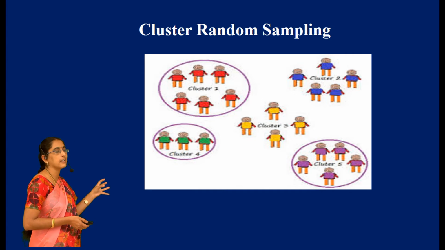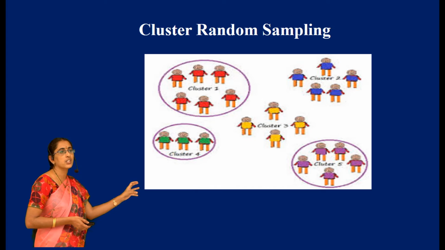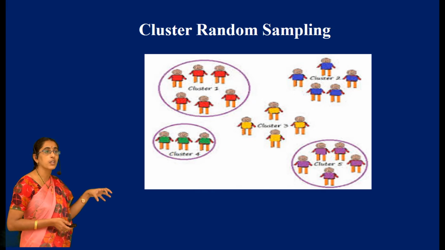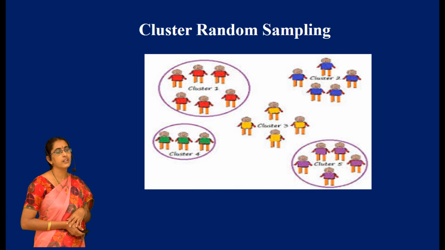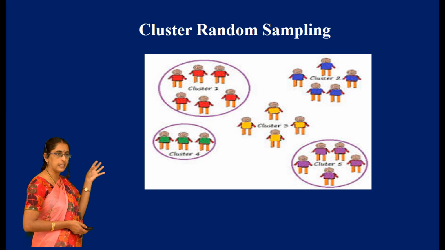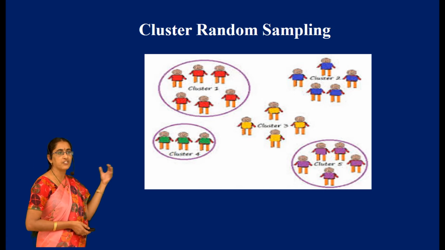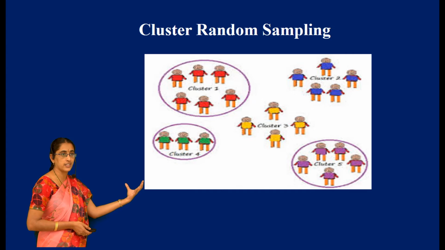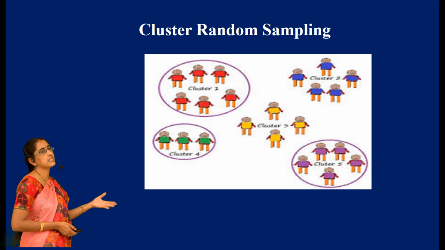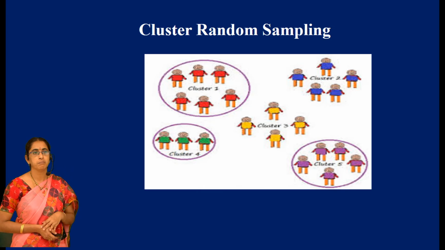Then we select the different parts of this heterogeneous population, and again in a homogeneous way we select the sample. We have different sorts of people here, so we classify them into different groups, which is again heterogeneity. Then from those we select a sample in a simple random manner.